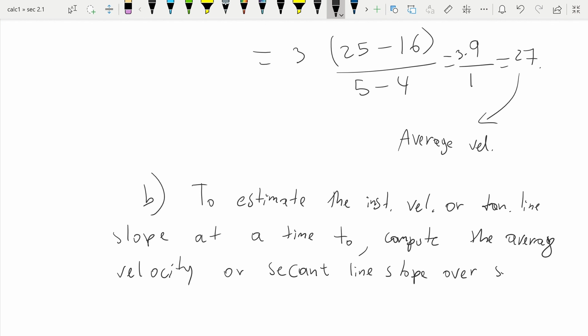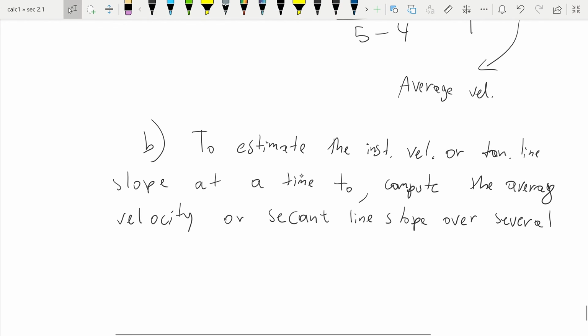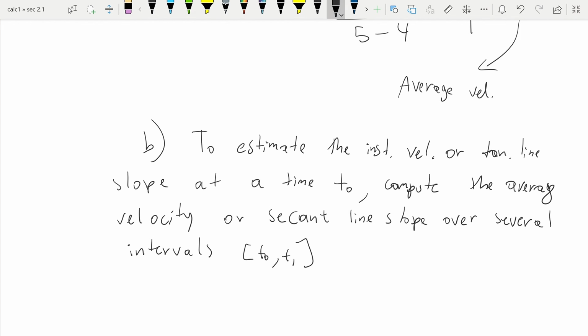over several intervals t0, t1, or we can also use t1, t0.